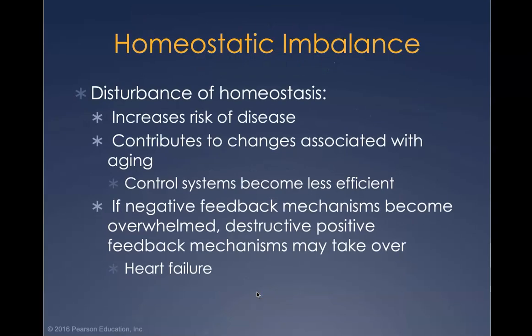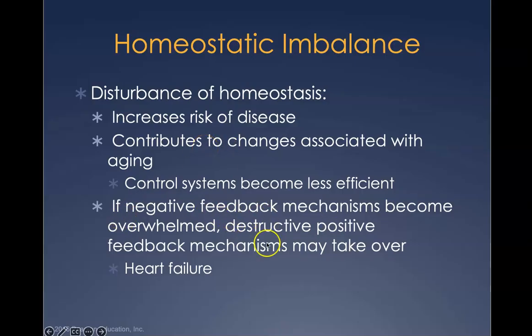Okay. So again, homeostatic imbalance. Anytime homeostasis is disturbed, this can oftentimes increase our risk of disease, and it will oftentimes contribute to changes that we associate with aging, okay? So again, getting us away from that homeostasis. So control systems as we age actually become less efficient, which is one of the reasons why we age.